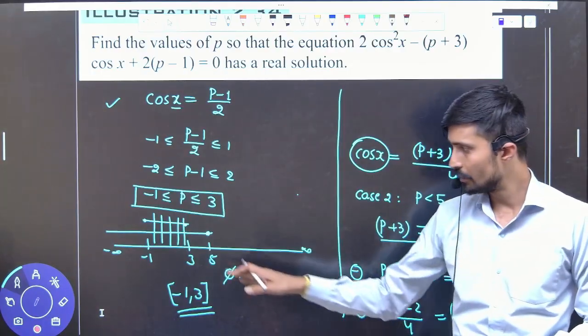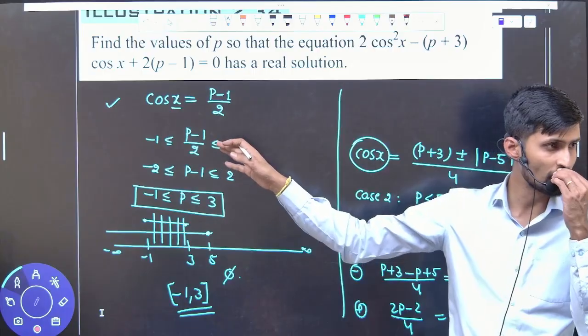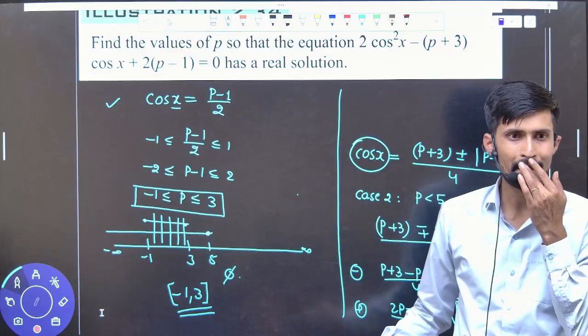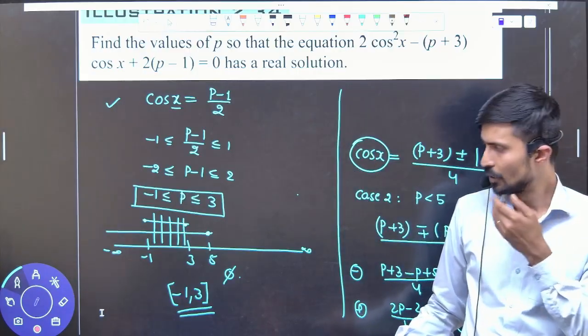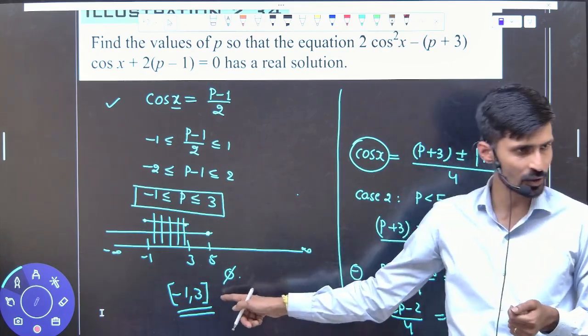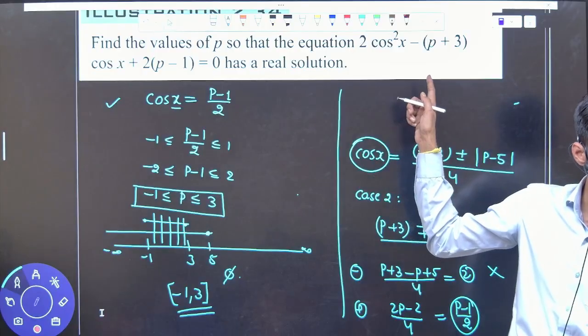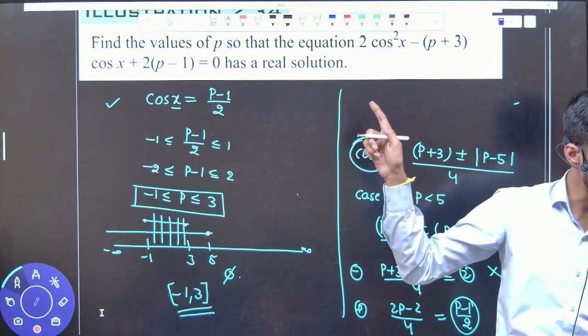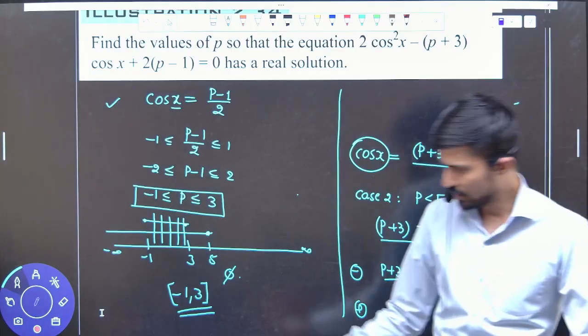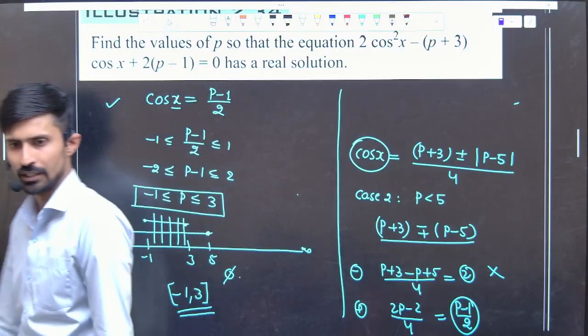And if we put any number greater than 3, you saw now, I put 4. That was greater than 3 or not? We got no solution. You can tell me any number between minus 1 to 3. Check. Take any number between minus 1 to 3, put in place of p, and check whether the roots lie between minus 1 to 1 or not. Take any number between minus 1 to 3.